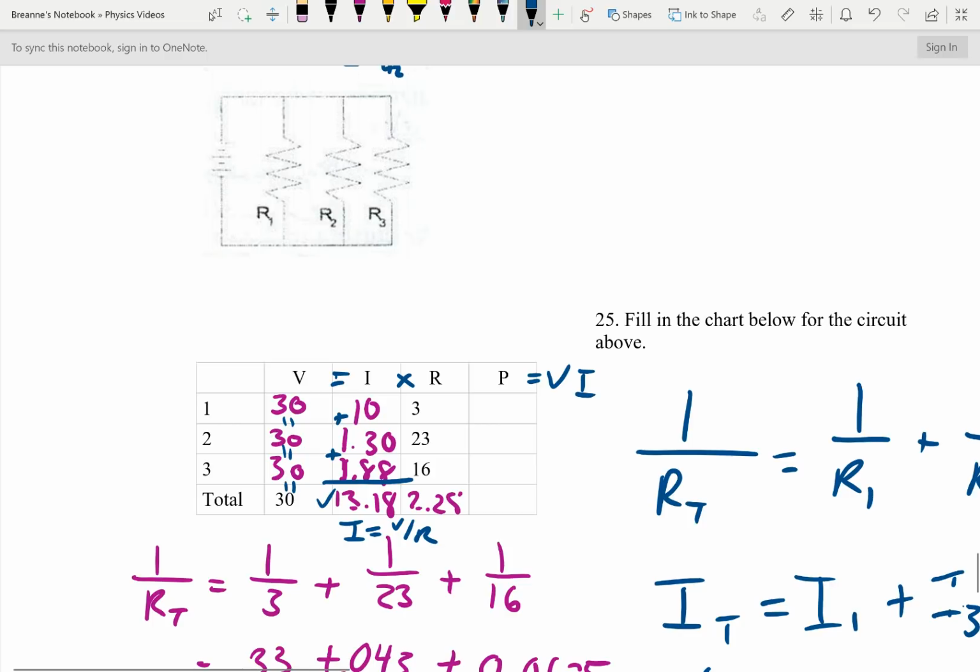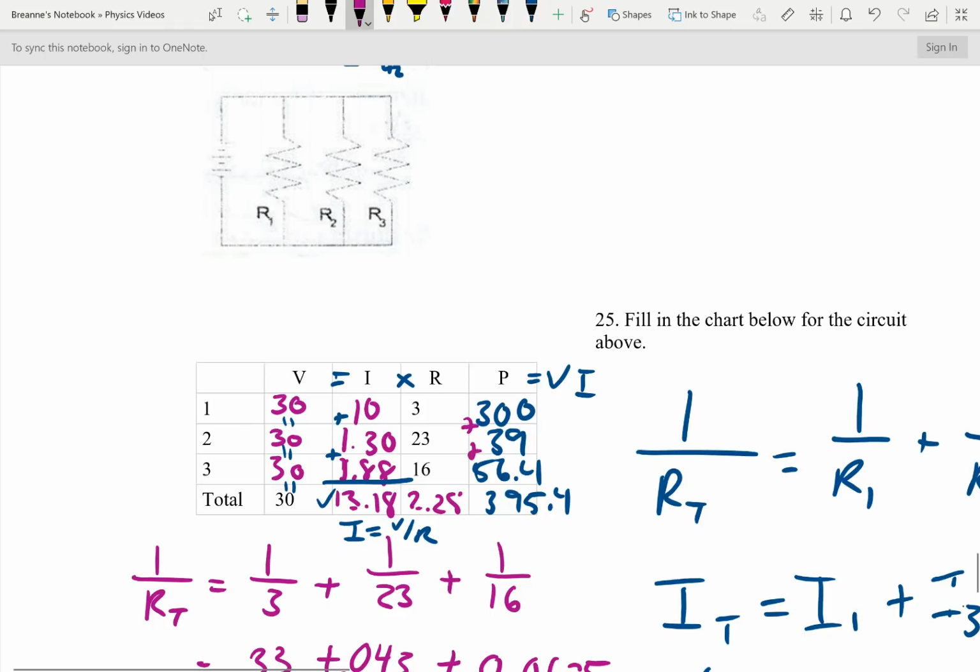And then to do power, we just do V times I, so that would be 30 times 10, which gives you 300. It's a lot of power. So 30 times 1.3 gives you 39. 30 times 1.88 gives you 56.4, and then 30 times 13.18 gives you 395.4.